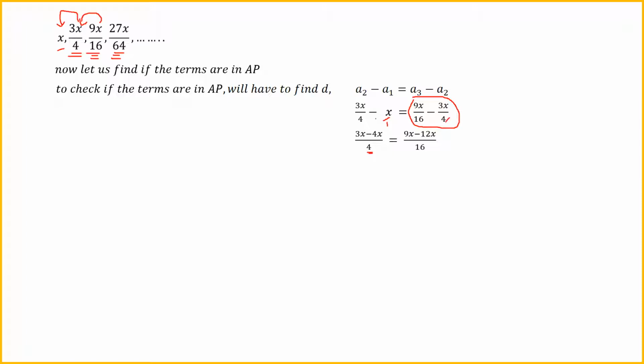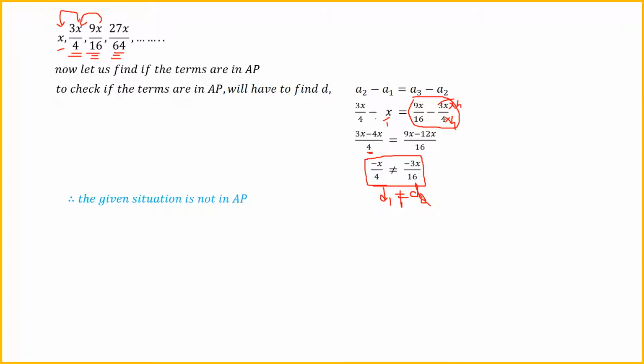Taking 16 as the LCM, I multiply up and down by 4, so 3x/4 becomes 12x/16. Then 9x minus 12x gives negative 3x/16. The denominators 4 and 16 are not equal, and the differences are not equal, that is d1 is not equal to d2. Therefore, the given situation does not form an arithmetic progression.